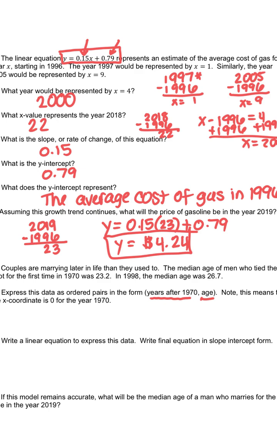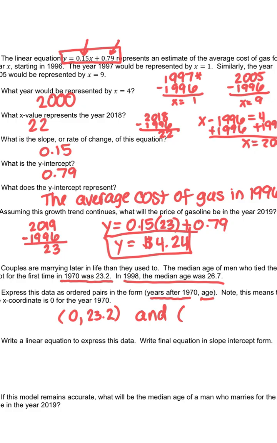Okay, so let's go ahead and do the first ordered pair, which they gave us, 1970 and 23.2. So it gave us a clue for the year 1970. We're going to put in a 0 and the age, 23.2. And the next ordered pair is that 1998 and 26.7.